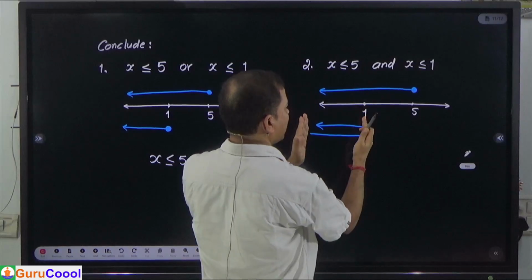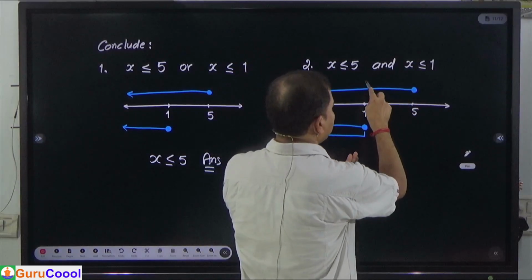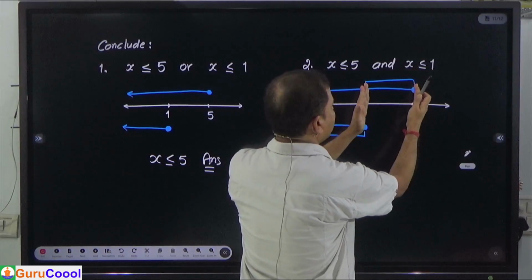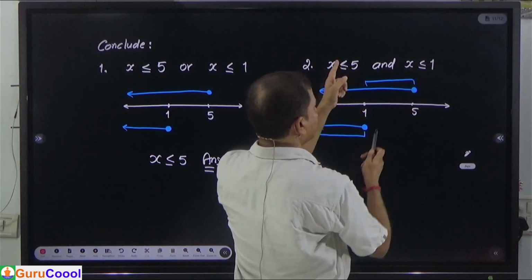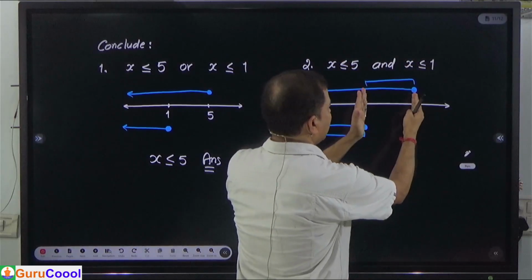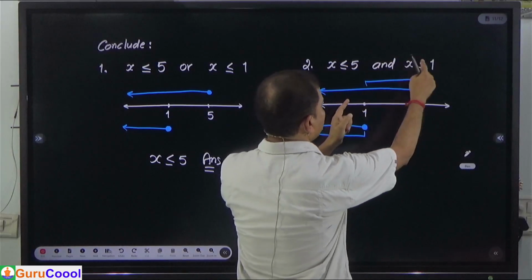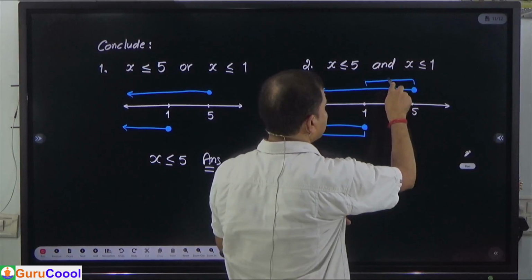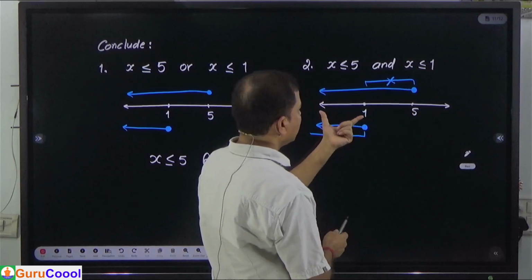But this part is included in the first one but not in the second one, so it is not the solution; only this is the solution.